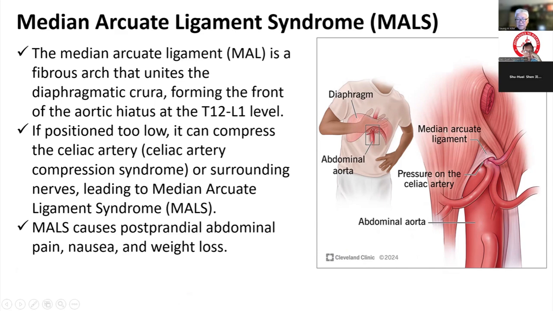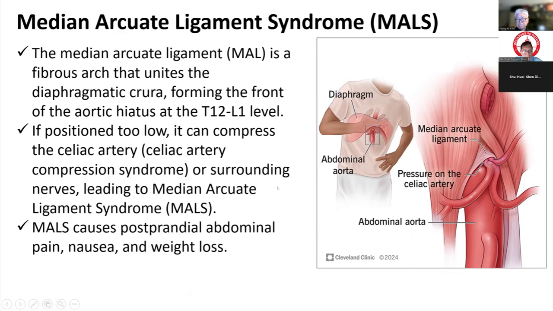And if the ligament is positioned too low, it can compress the celiac artery, and it is also called the celiac artery compression syndrome. Or it may affect surrounding nerves, and we call it the median arcuate ligament syndrome.